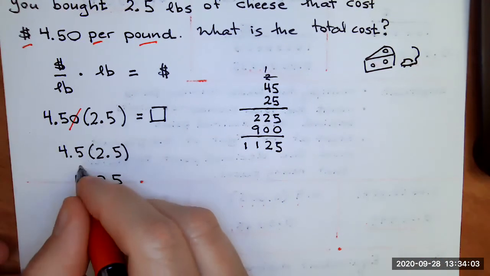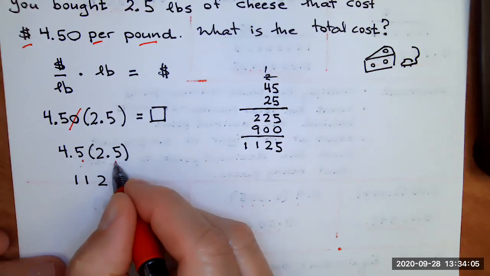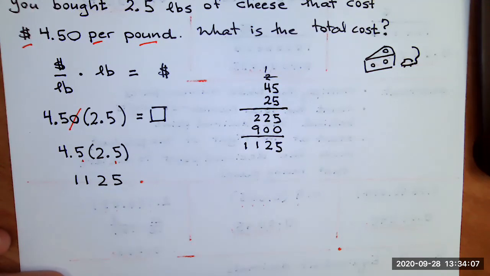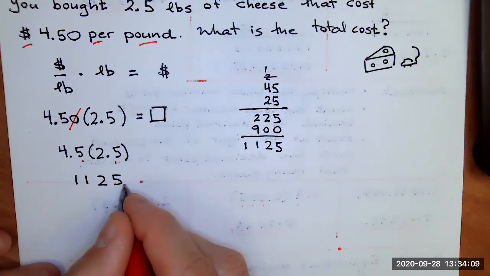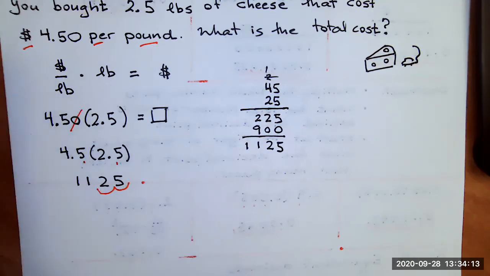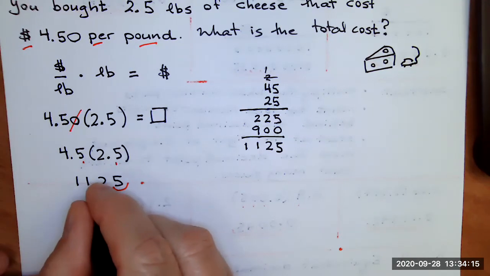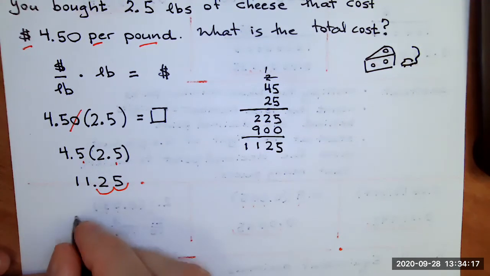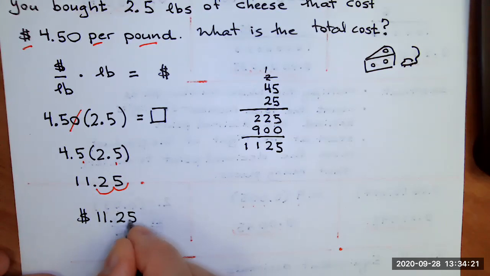Oh, but we have 1, 2 digits behind the decimal point. So we start at the right and move to the left. 2 places. So our total cost is $11.25.